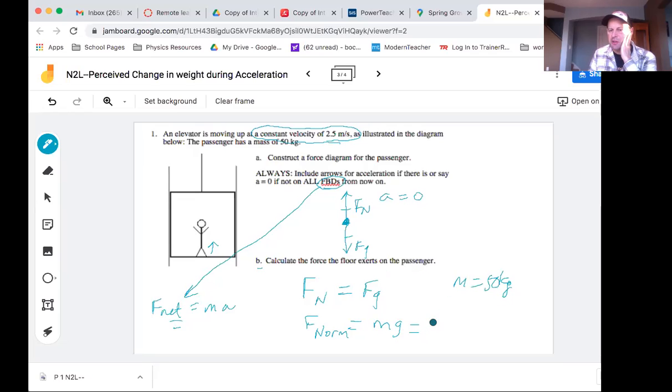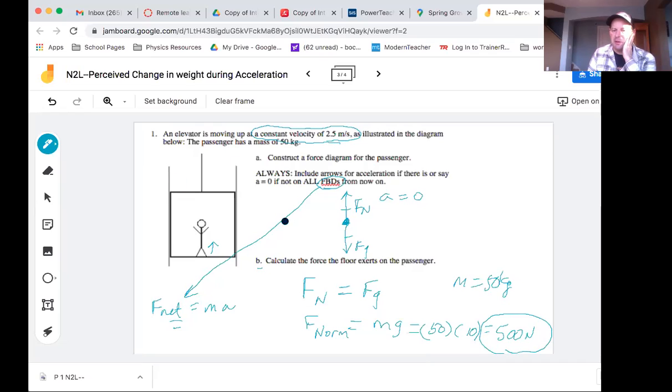So the mg would be the 50 kilograms times 10 newtons for every kilogram, which means a total force of 500 newtons. We're doing that first here, not just to go back to the last unit, but because we're going to use this 500 in the next question.